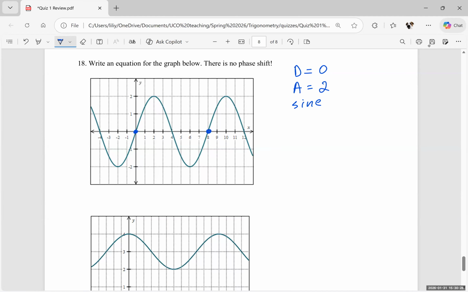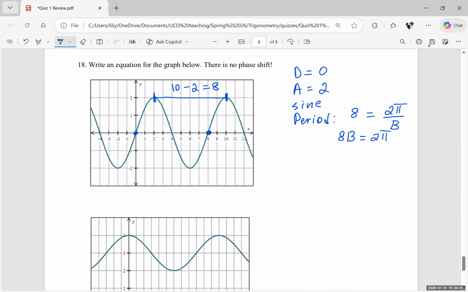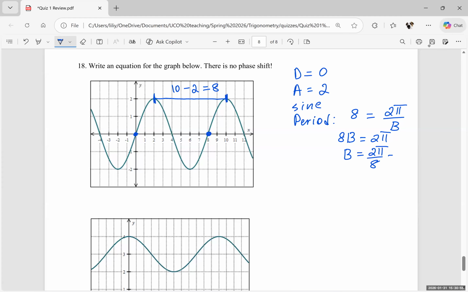You also can figure out the period from max to max, but then you have to subtract the two values. So this is 2, this is 10, so that would be 10 minus 2, which is also 8. So my period is 8. It's also, by definition, 2 pi over b, which means 8 times b equals 2 pi, which means that b is 2 pi over 8, or pi over 4.